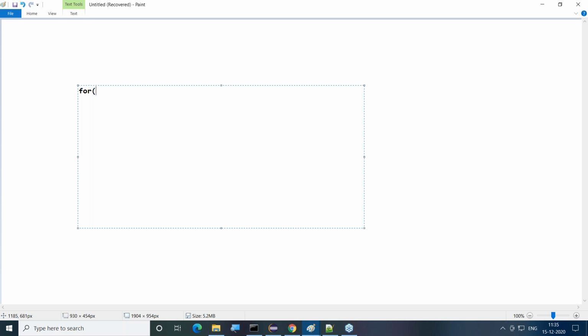Here we are going to provide the syntax like: for, int i = 0, i < 10, i++.